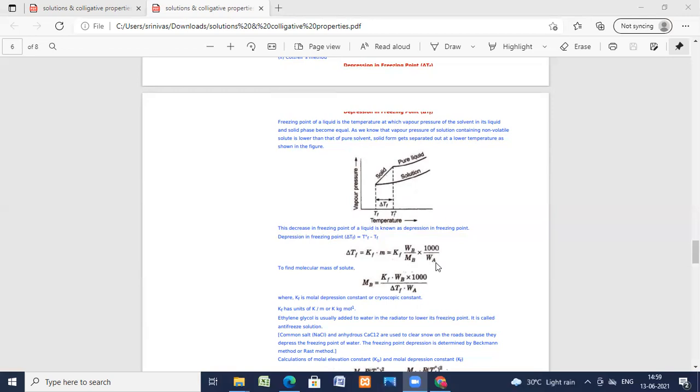Delta Tf is the depression in freezing point. Kf is the molal depression freezing point constant, or cryoscopic constant.